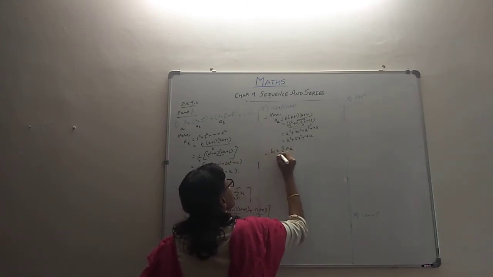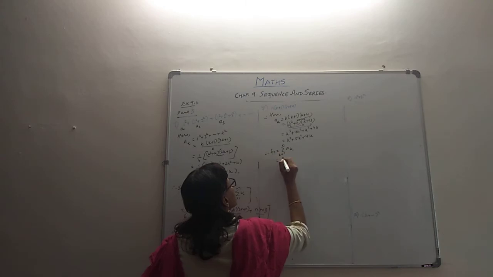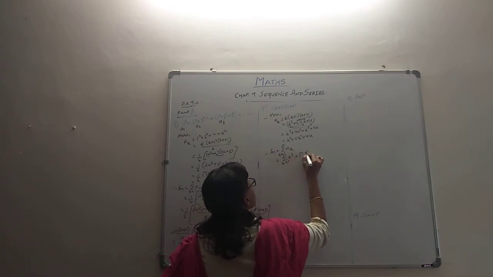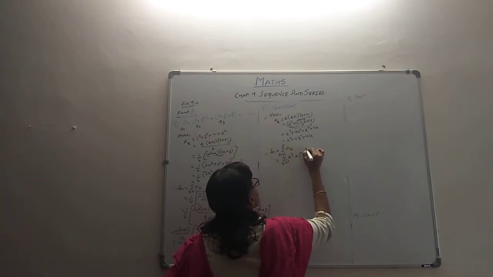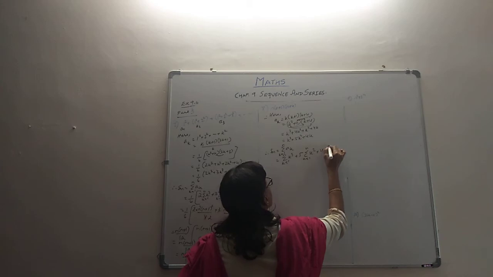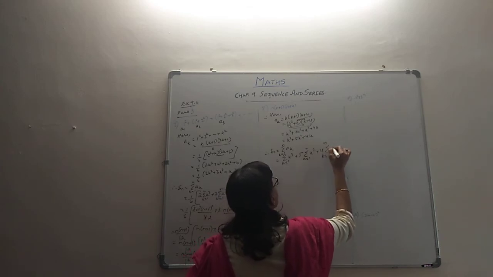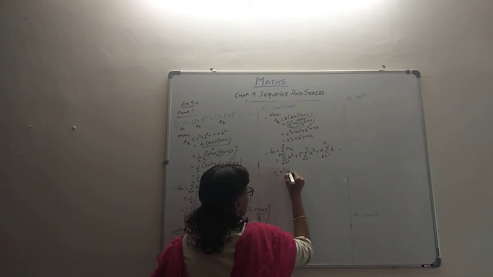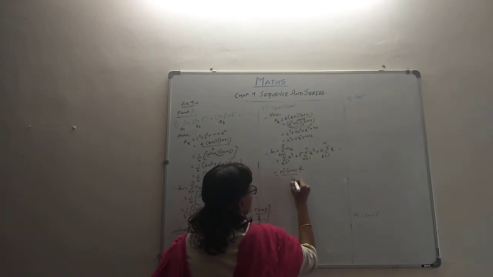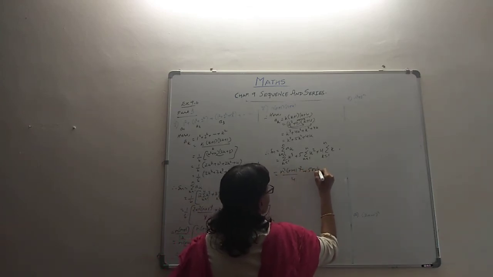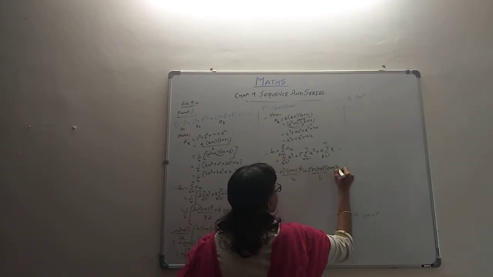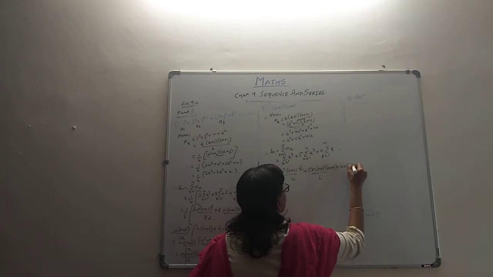Summation Ak where k will take the values from 1 to n. So now because we have become experts, we are writing it directly: summation k cube, 5 times summation k squared, 4 times summation k, k taking values 1 to n. And all these are at our fingertips, so it's like n squared into n plus 1 squared by 4, and this is 5 times n into n plus 1 into 2n plus 1 by 6, and this is 4 into n into n plus 1 by 2.